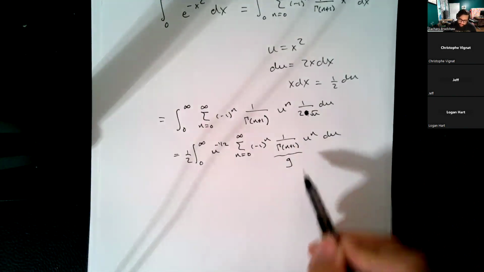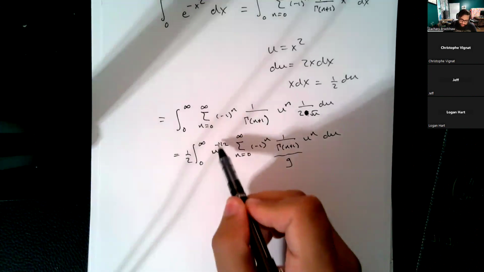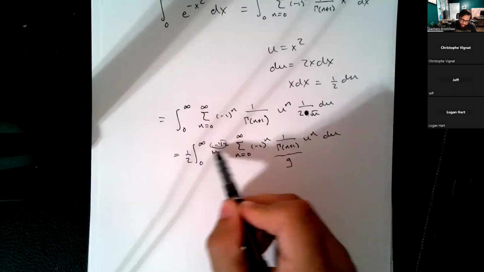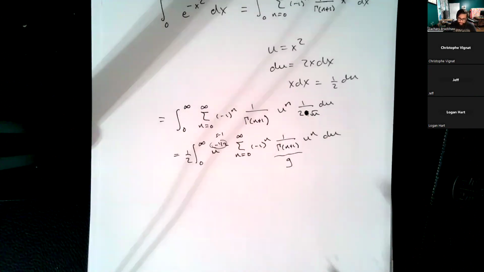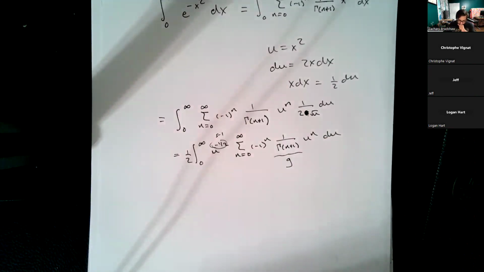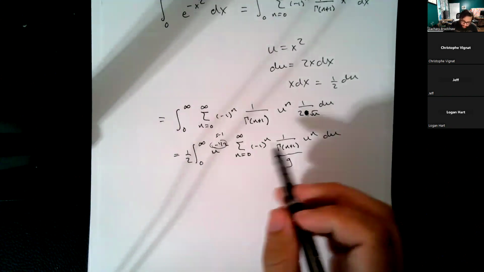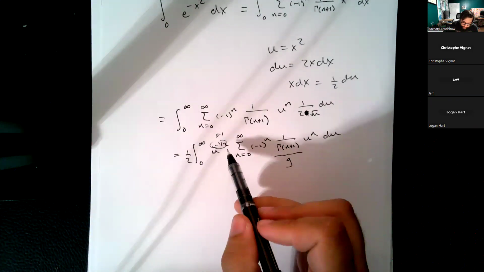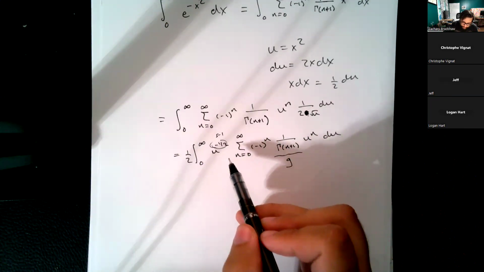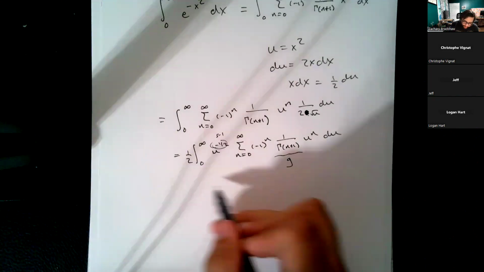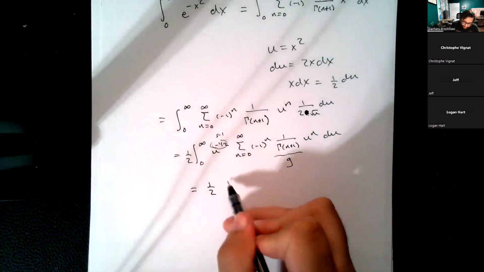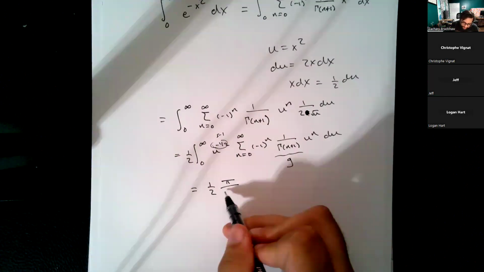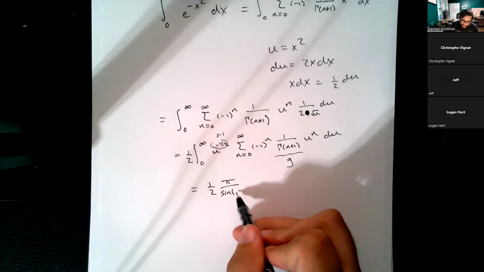This is my g. Right? And then what is my s? So remember this is supposed to be s minus 1. And so s must be equal to 1/2. Hopefully I haven't screwed up here. That looks right. Okay, and so this should be equal to 1/2 pi over the sine of pi times s.